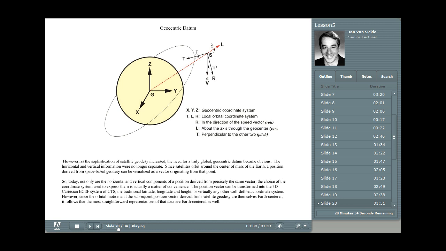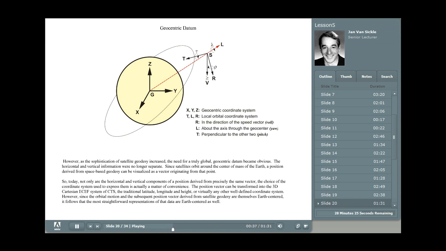Now, this idea of geocentric datum, though, became very important with the advent of satellites and satellite geodesy. For there to be full advantage of the capabilities of such a high platform, obviously a system had to be developed that was truly global, and horizontal and vertical not really separate.